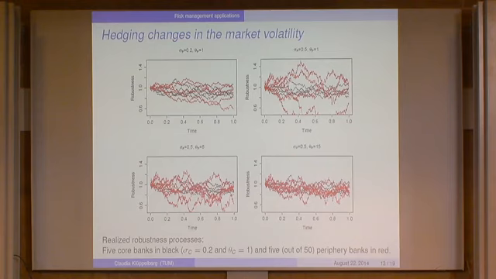So if they don't do anything, all these red paths change to what you see here. It's the same seed which we have set. Of course, the core banks are a bit influenced by this because they interact with the periphery banks, but they are mainly determined by their interaction with the other core banks. So these black sample paths do not change a lot, but the red ones, of course, do.